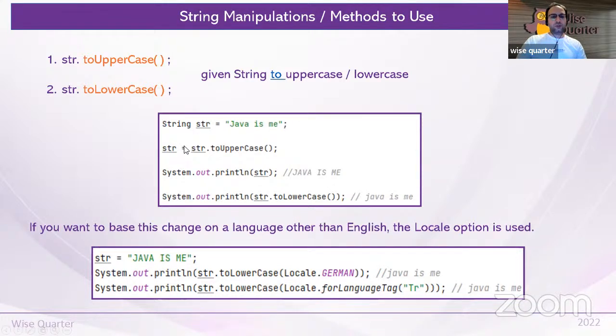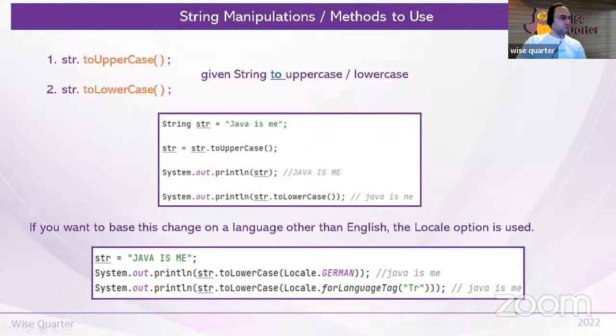When I use the equality assignment symbol and change the value, it will also change the original value because of this assignment. If I use it like this, it will write it like this because I have tried to change the value to uppercase. And of course, there's an example to use different languages with Locale and language tag.